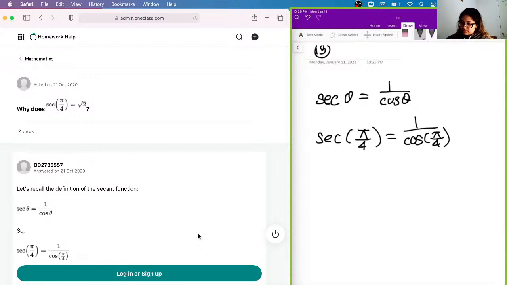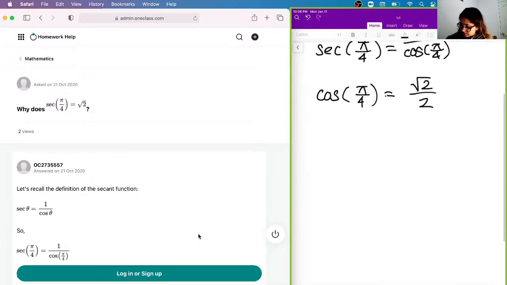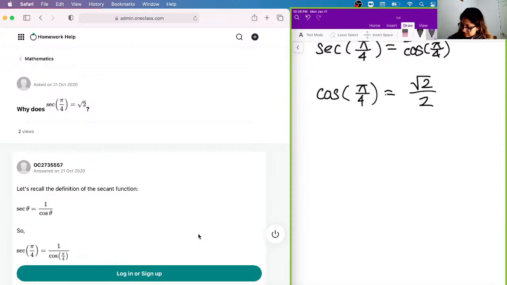And so from the unit circle, if you guys remember the special angles, cos of pi over 4 is equal to the square root of 2 over 2. I draw a right angle triangle here.